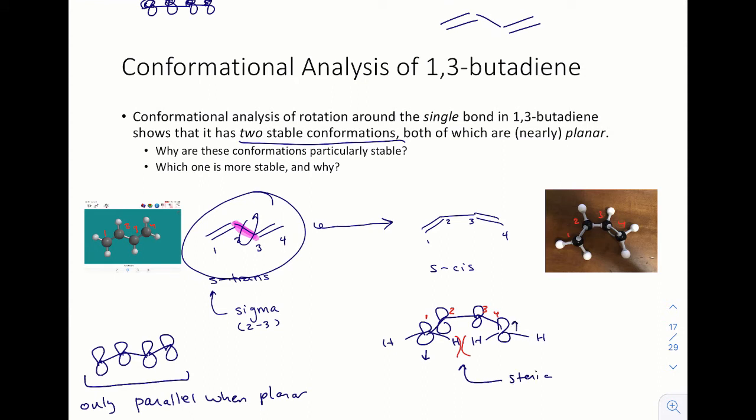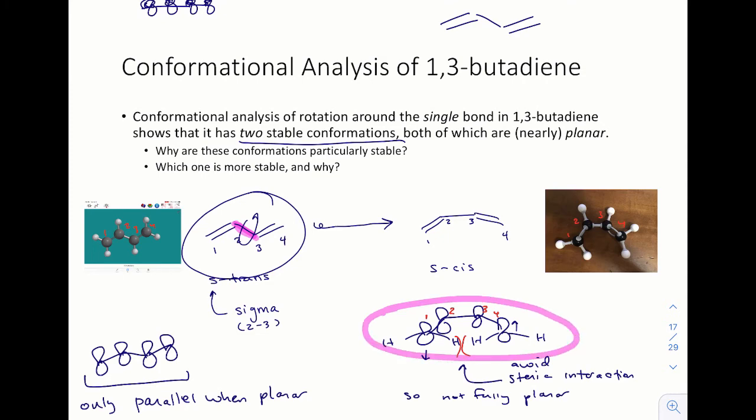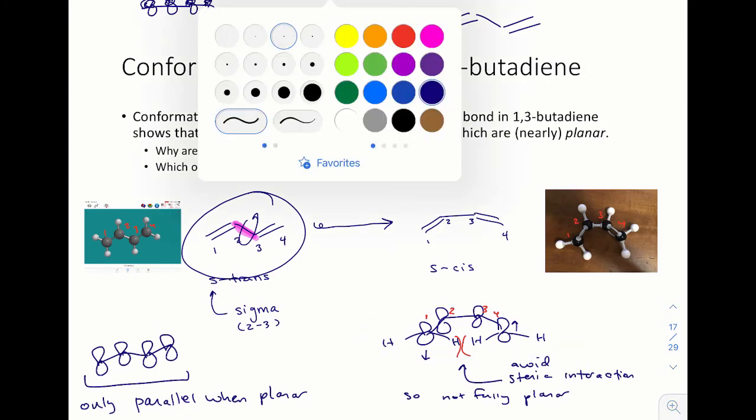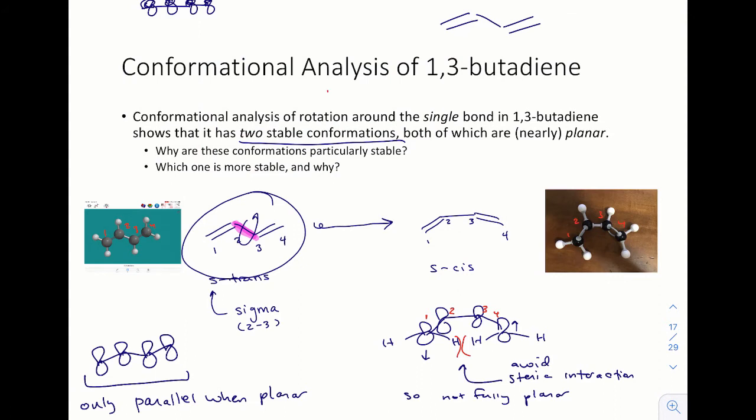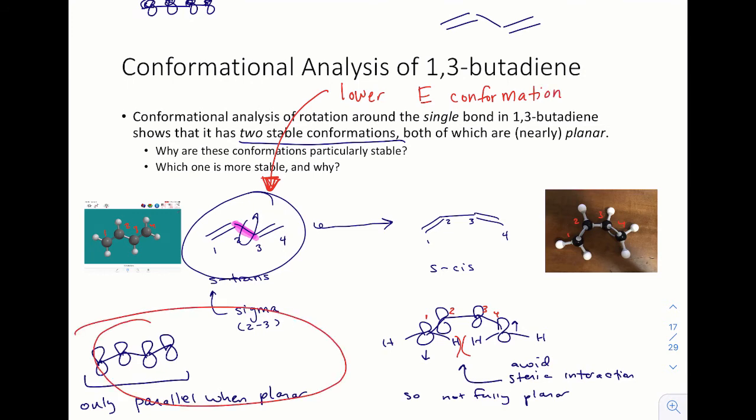So if the S-cis conformation is not fully planar, then there will not be full conjugation between these p orbitals. If there is not full conjugation between the p orbitals, then the system will not be as low energy as possible. So the S-trans conformation is a lower energy conformation of the diene. Because that S-trans conformation can adopt a fully planar, fully conjugated system of p orbitals.